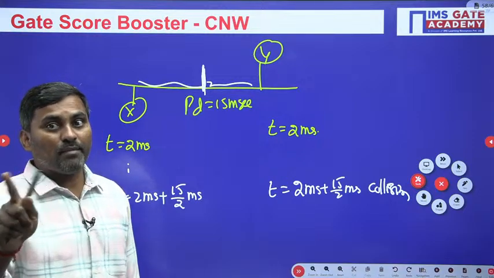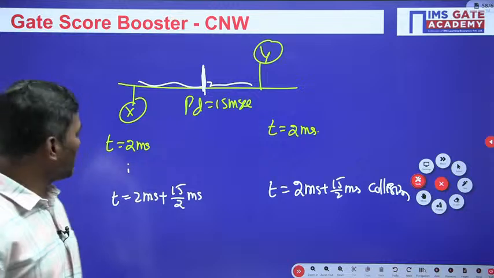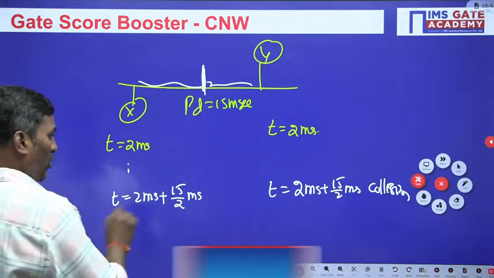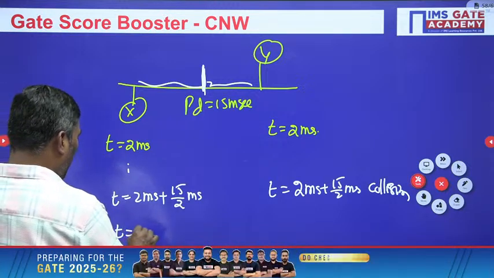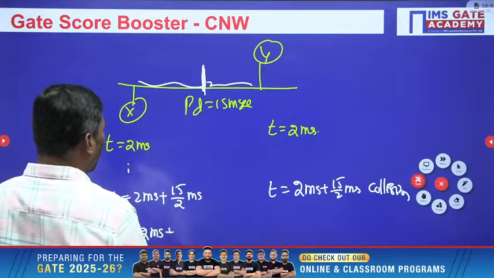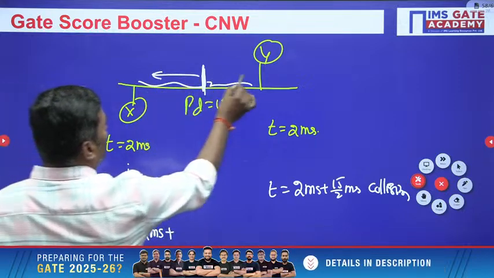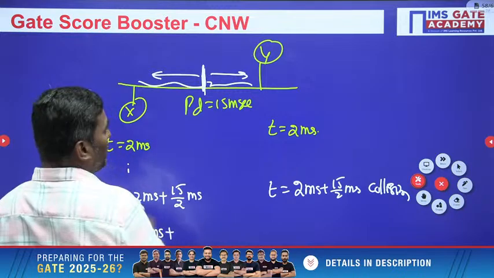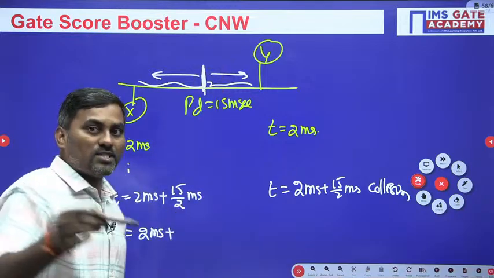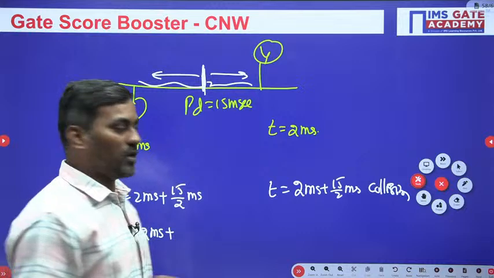So jam signal time is not added here. Okay, now see, collision happens. Then the collision signal will propagate back; the jam signal transmission delay is ignored here.